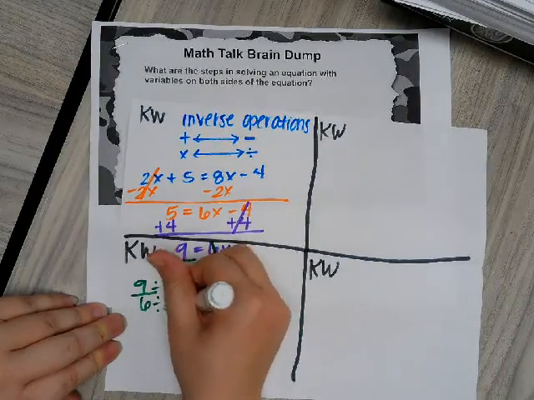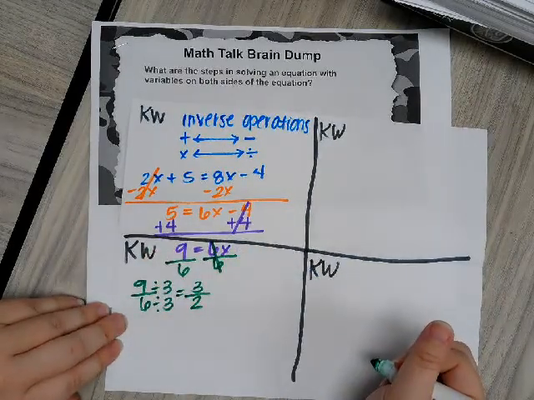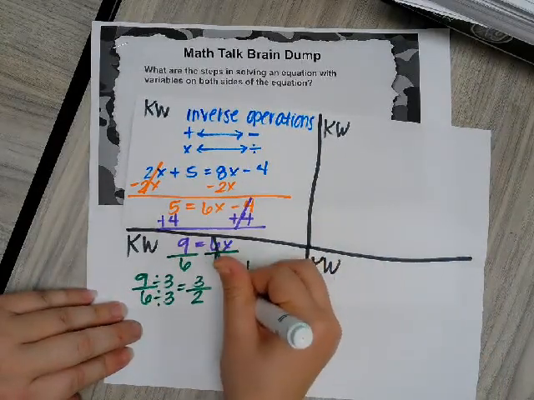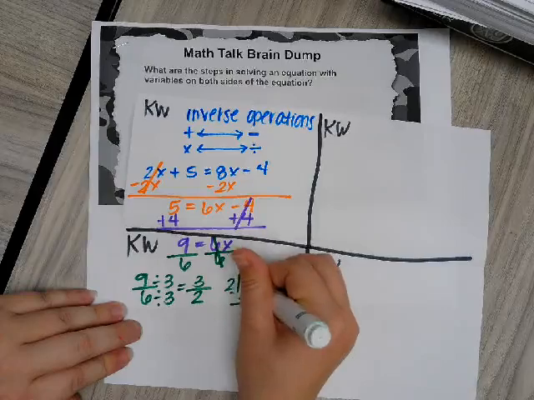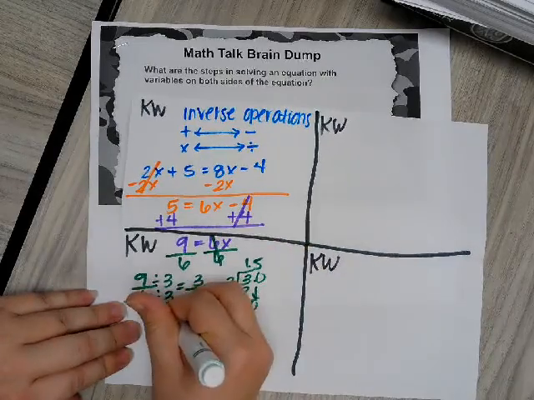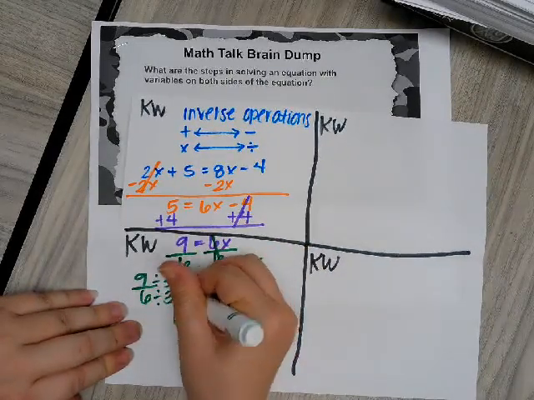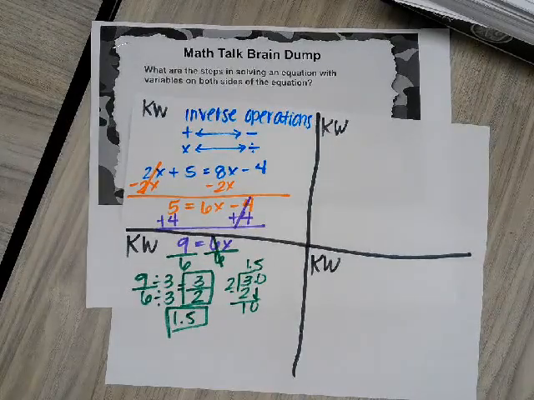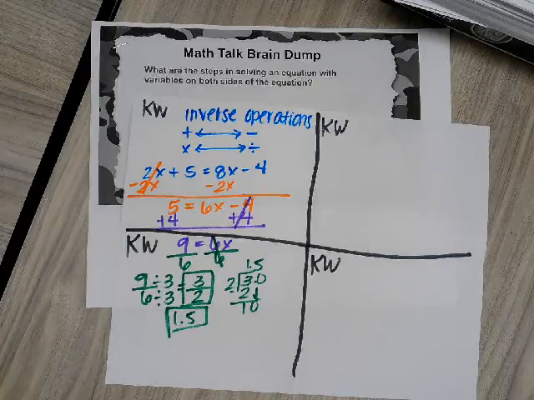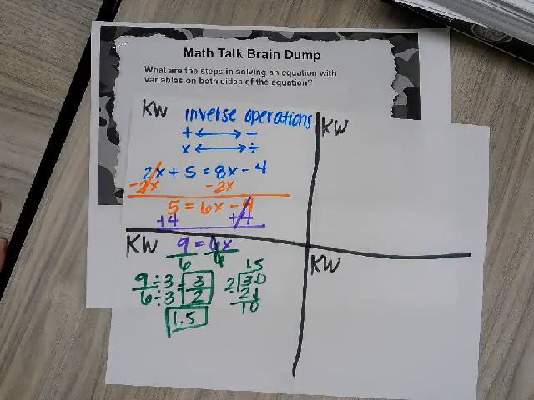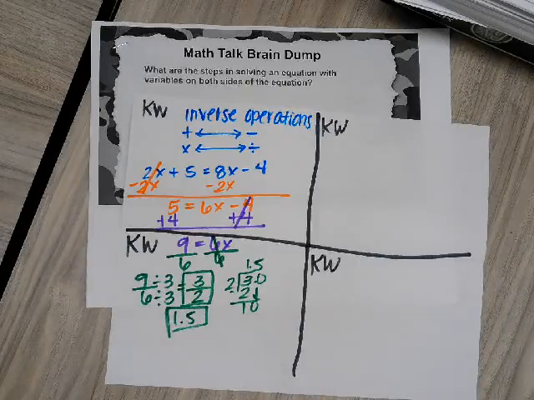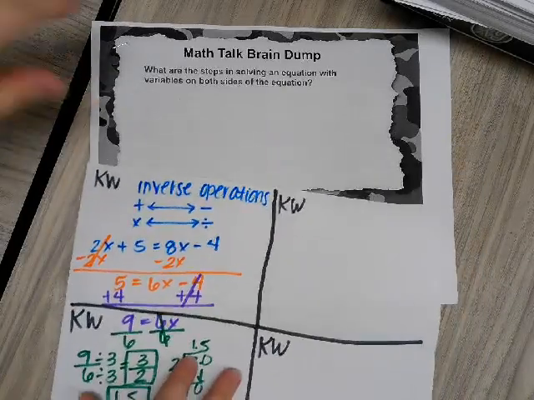I get 3 over 2. 3 over 2 is also 1.5. So x equals 3 over 2, or 1.5. So remember, first we're going to be adding and subtracting, and then multiplying or dividing at the end. But let's go ahead and get started.